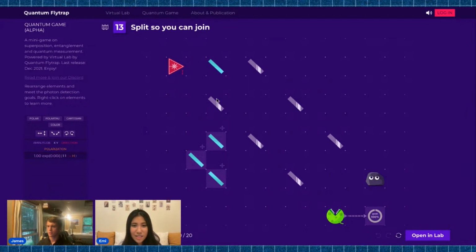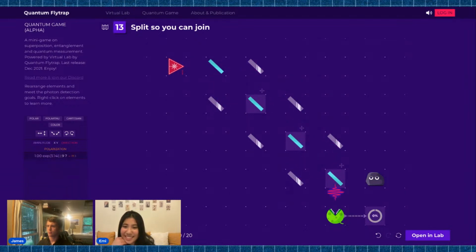So we want to move these mirrors so that it doesn't hit the rock. I wonder if we can just split it all along the way. That looks good. I wonder. Whoa. Does that make sense? That's really cool.